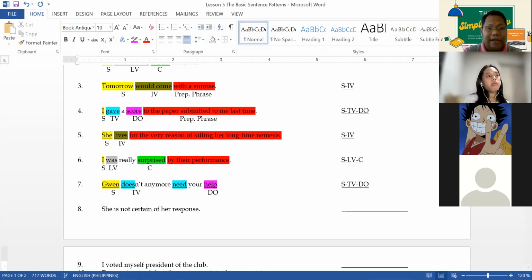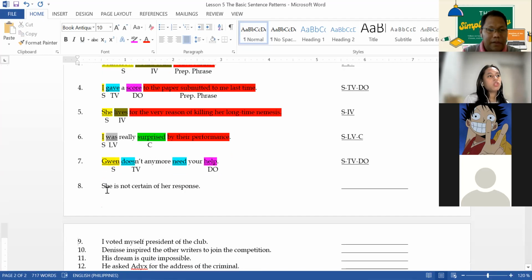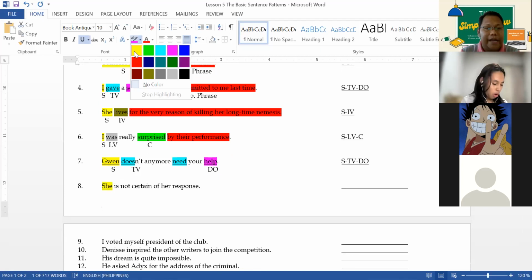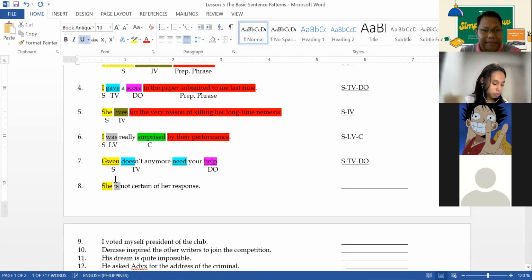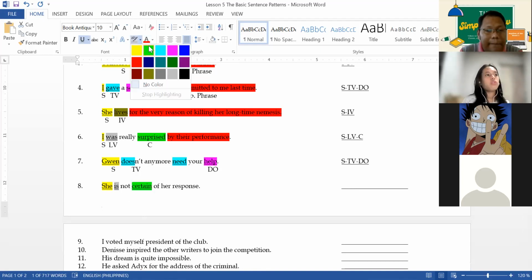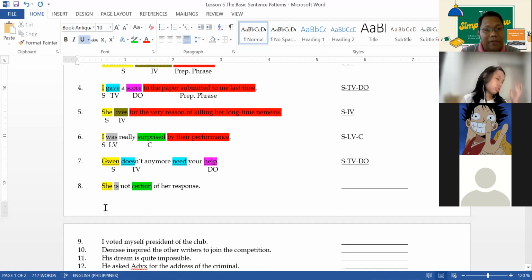Number 8 now, sorry, number 8. We underline she because that is our subject. We underline is because that is a linking verb in the sentence. And we underline certain because that is a complement. How do we know that that's a complement? Can the person represented by the pronoun she be the one who is not certain?